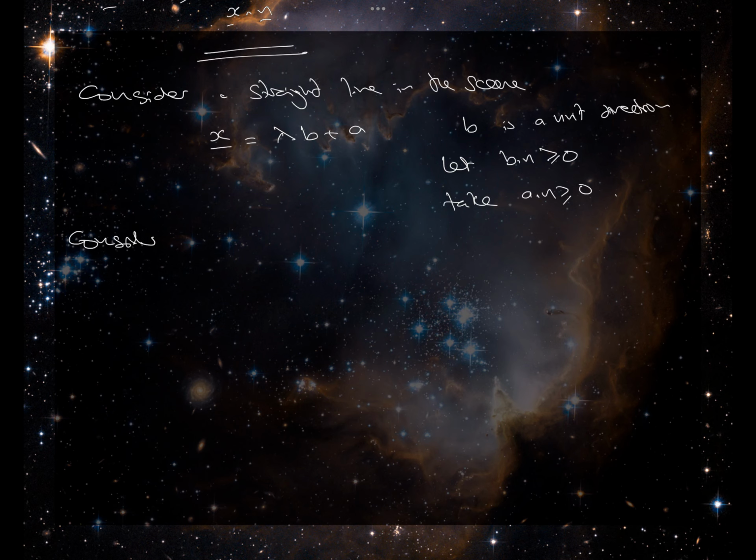Consider the image x primed is lambda b plus a over lambda b dot n plus a dot n. Take lambda equal to 0 to find a point on the line. c is going to be a over a dot n. And now construct x prime minus c.